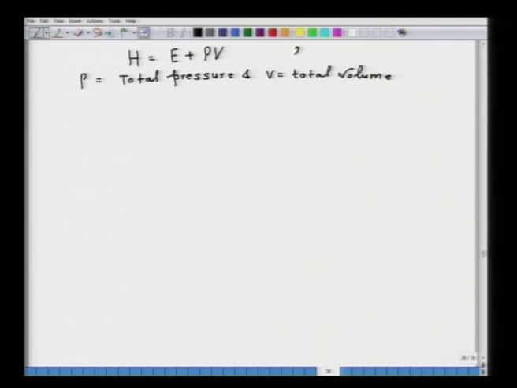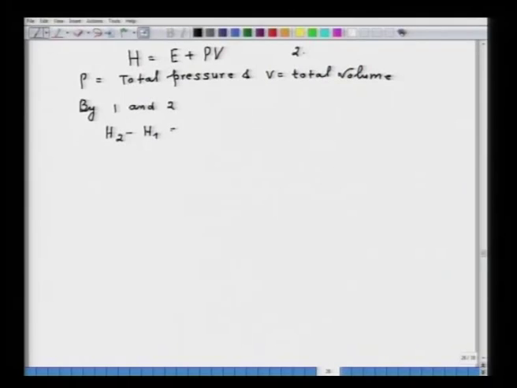Let me call this equation number 2. Now, by equation 1 and 2, we get H2 minus H1, considering the system is in an initial state 1 and final state 2, equal to Q minus W plus P into V2 minus V1. Let us consider this equation number 3.